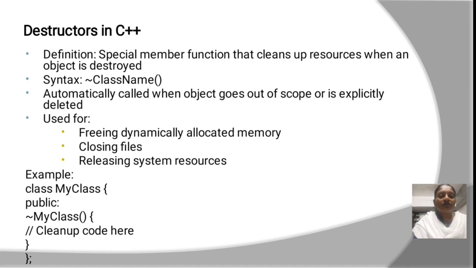Destructors are used for freeing dynamically allocated memory, closing files, and releasing system resources. For example, class MyClass, open brace, public, destructor of MyClass, then cleanup code here. Here we are using a destructor in this example.